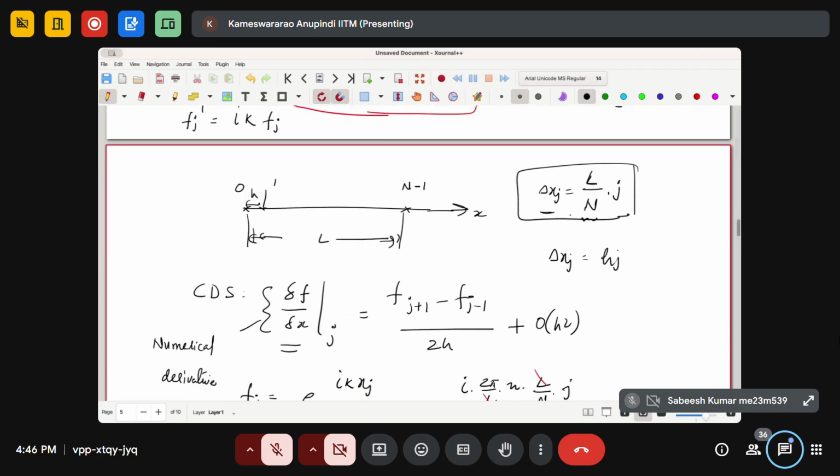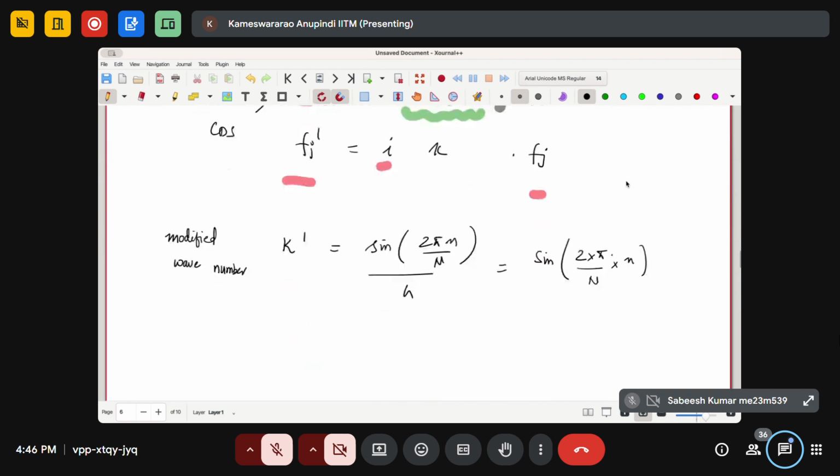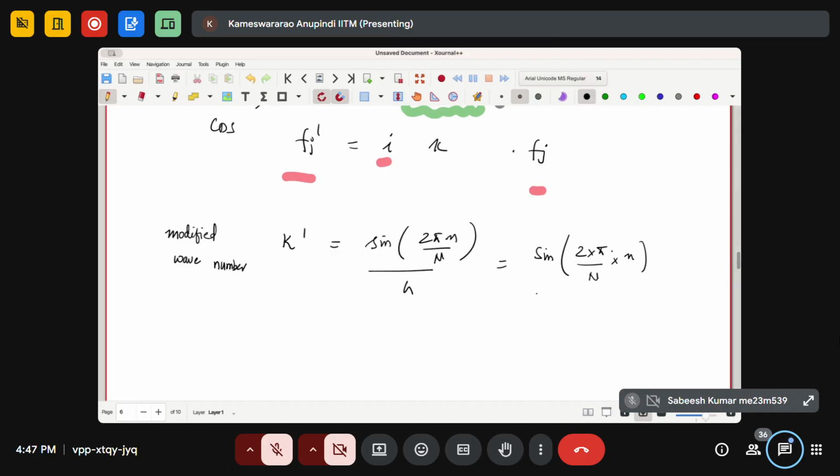My L by N is h. So if I can study what this is for different n values, then I know how my modified wave number k prime is going to behave in comparison to k.